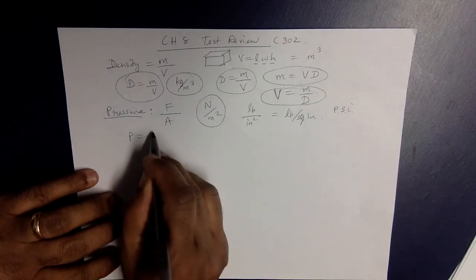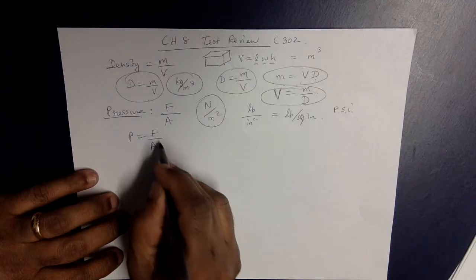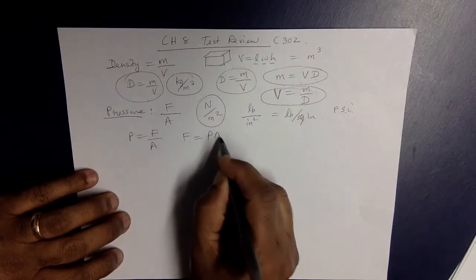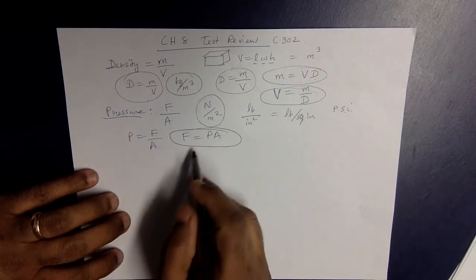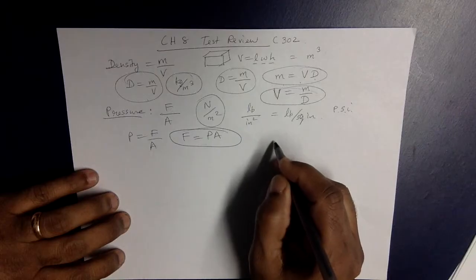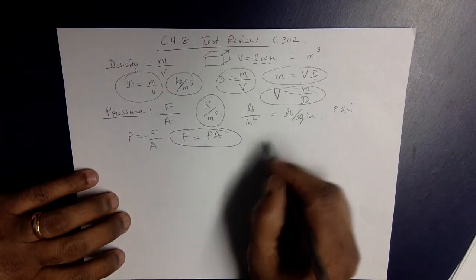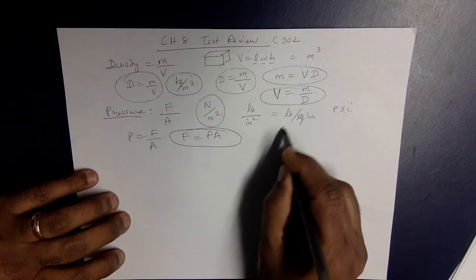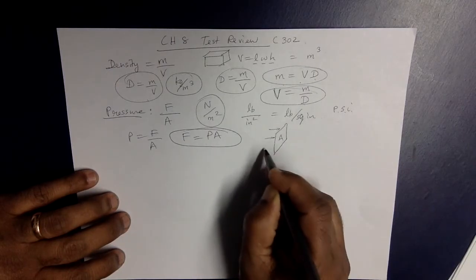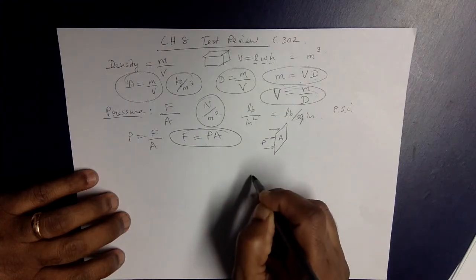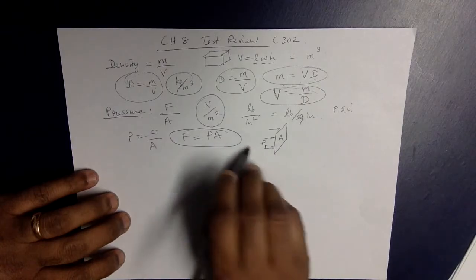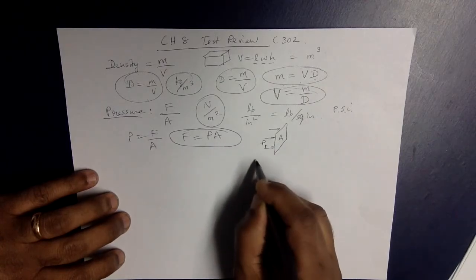Since pressure is force over area, force is pressure times area, cross multiply again. This simply means that if there is a pressure applied on a certain area, so if this is the area, and there's a pressure P1 applied from here, then there's a force in that direction, and that will be F1.